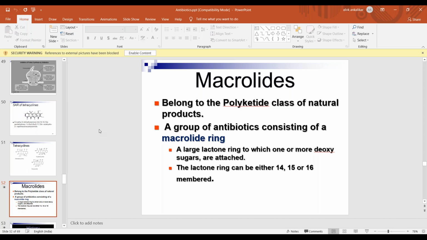So these natural products belong to the polyketide class of natural products, and they have a large lactone ring which can have around 14, 15, or even sometimes 16 carbon atoms. And this large lactone ring is joined, or is fixed to a deoxy sugar molecule.